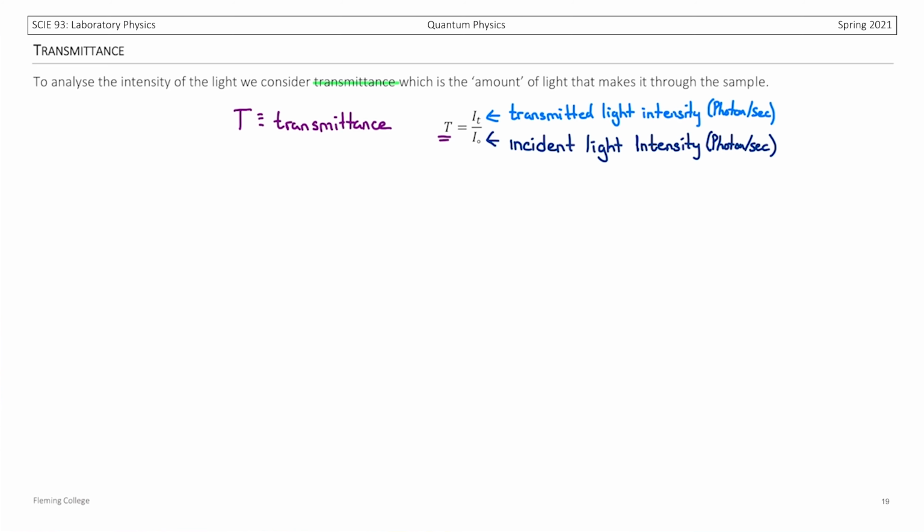It's just a ratio. And because the light that gets transmitted through will always be less than the light that was incident, unless some odd reaction happens, this value will also always be less than 1, as it's a ratio comparing something that is always smaller on the numerator to something that's always bigger on the denominator.